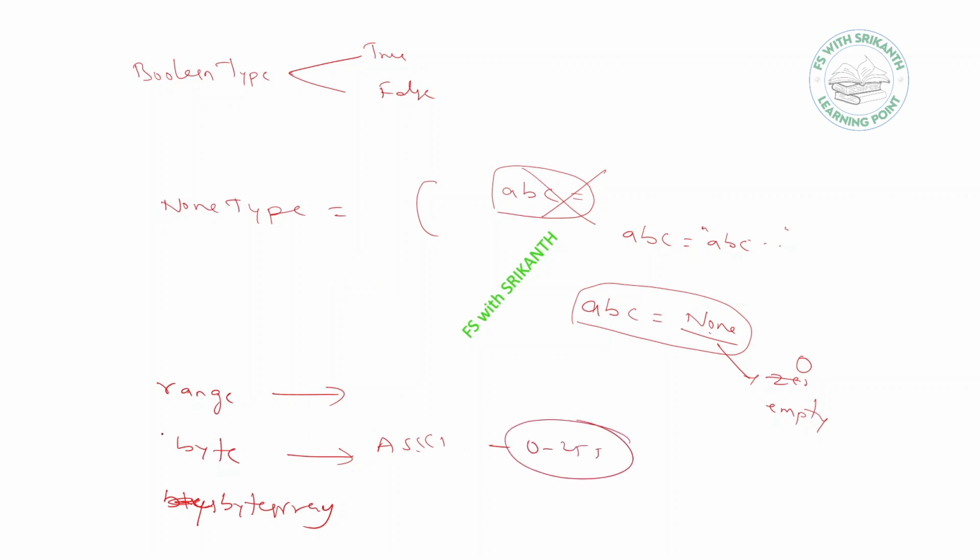Bytearray is mutable, so we can modify it, and bytes is immutable. We can convert to UTF-8 text. These two are used for raw data like image, audio and video files. We will discuss all of these practically.